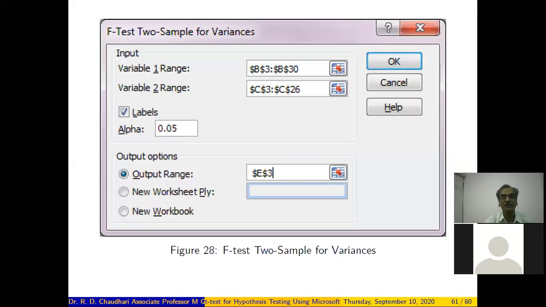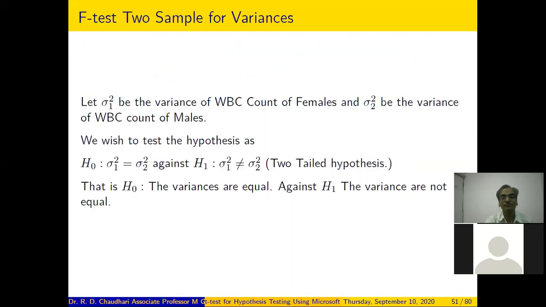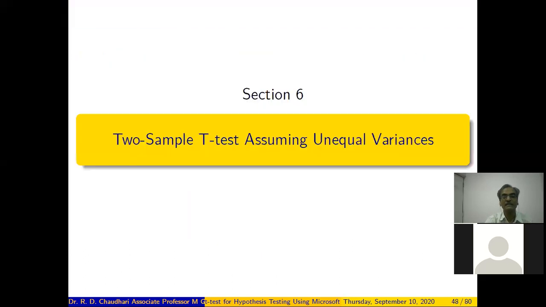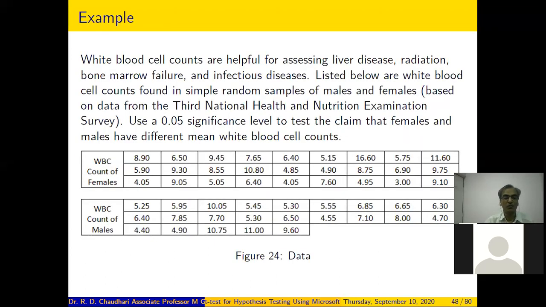Here we have two samples: the WBC count of females and the WBC count of males. We have two different groups, a group of females and a group of males, and we have collected the WBC count for females and for males. So the two samples are independent.